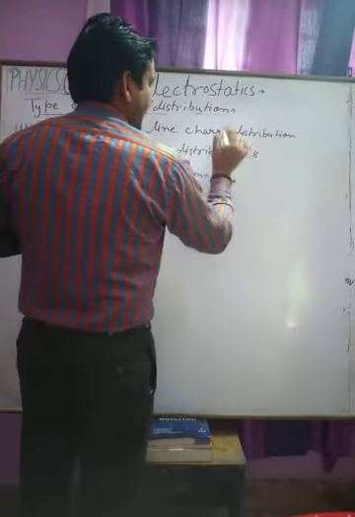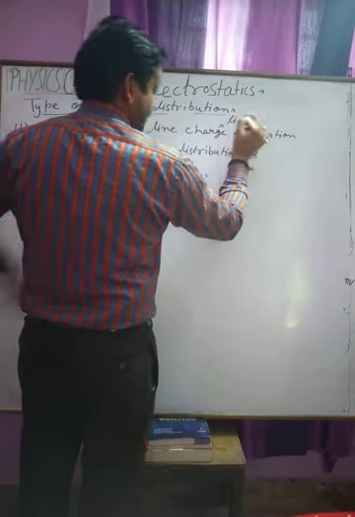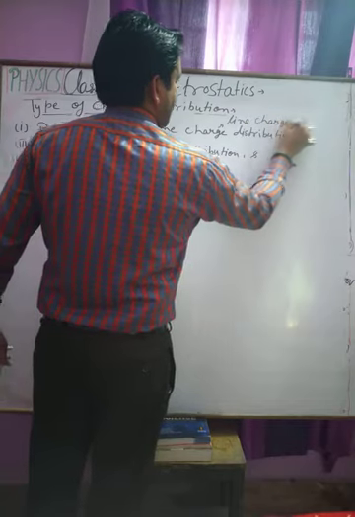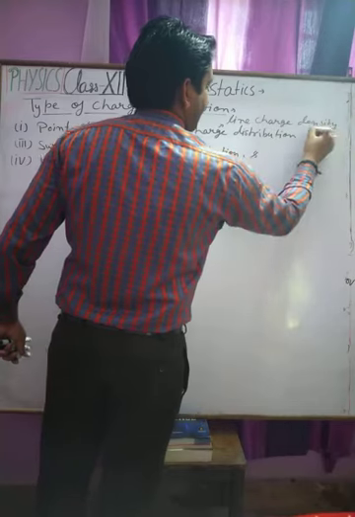Okay, student. Each kind of charge distribution has its own charge density. Line charge density is denoted by lambda.